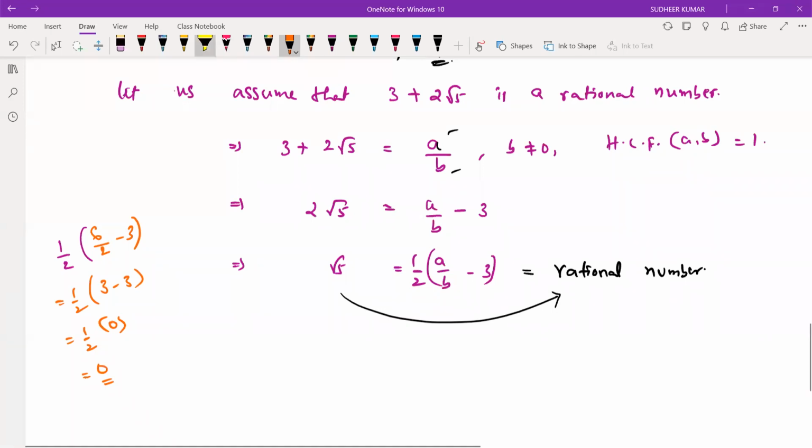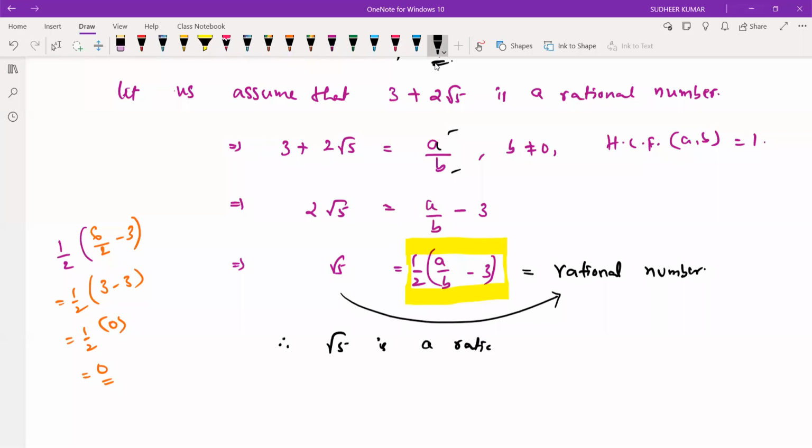So the right side part we are getting as a rational number. When the right side part is a rational number, the left side part is also a rational number. So that we got the result that root 5 is rational. Therefore, root 5 is a rational number. But we know that already we proved, right?